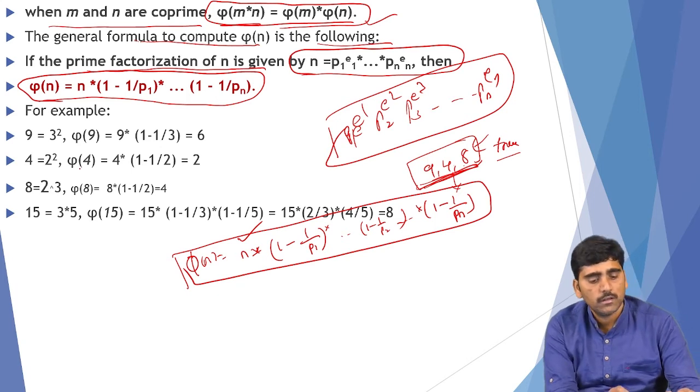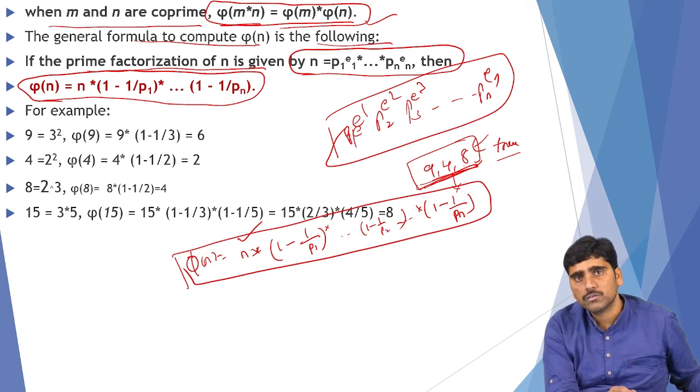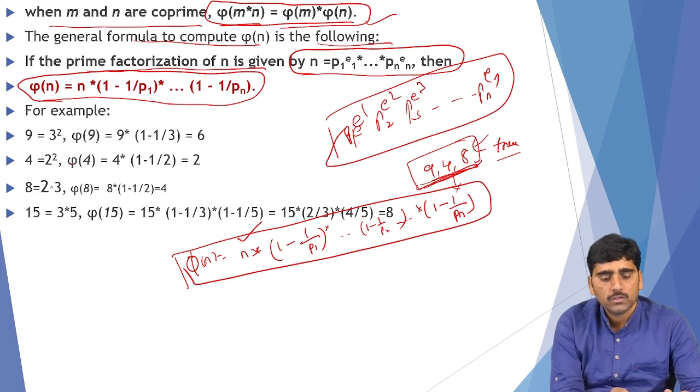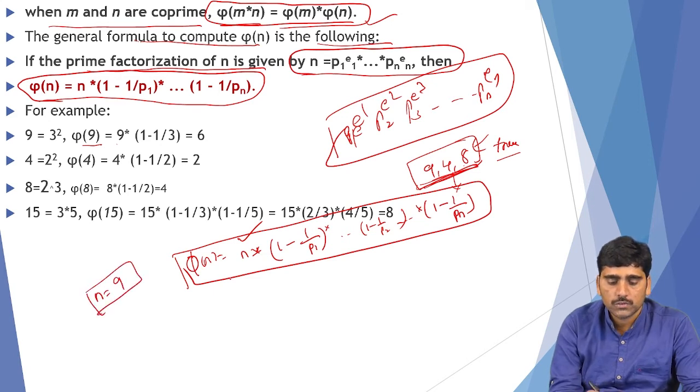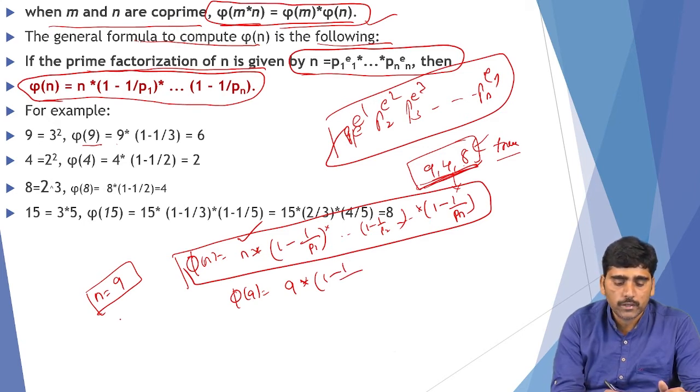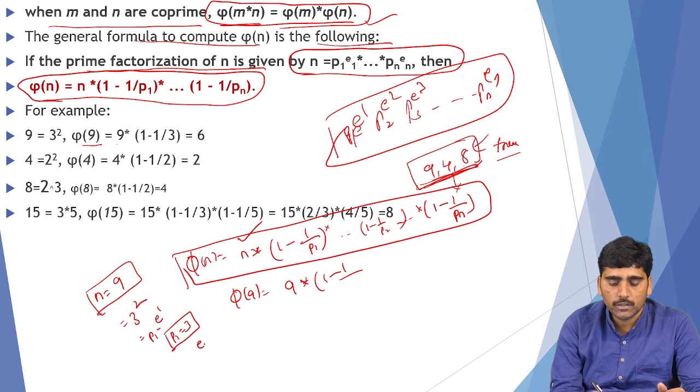So the example is here. 9 equals 3 square. So phi of 9 equals 9 into, where n equals 9, so n means 9 into 1 minus 1 by p1. 9 you can write as 3 square, so p1 value is 3 and e1 value is 2.